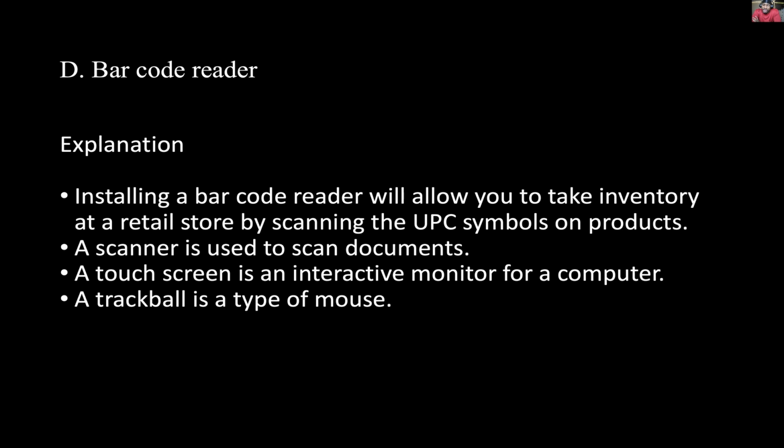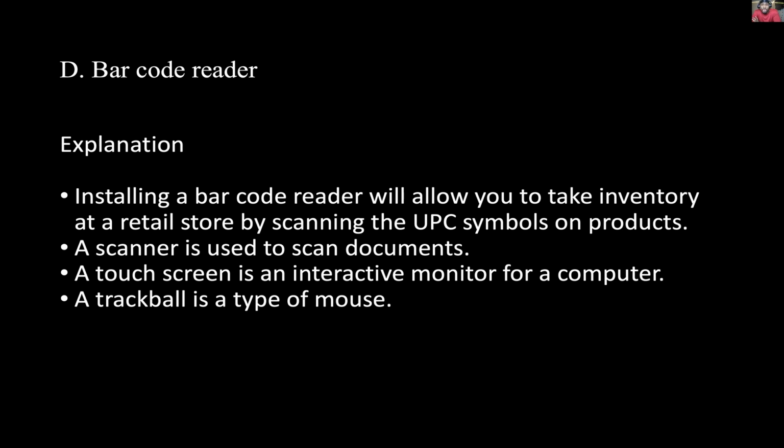Installing a barcode reader will allow you to take inventory at a retail store by scanning the UPC symbols on products. A scanner is used to scan documents. If you want to scan any document, you use a scanner for that. A touchscreen is an interactive monitor for a computer.